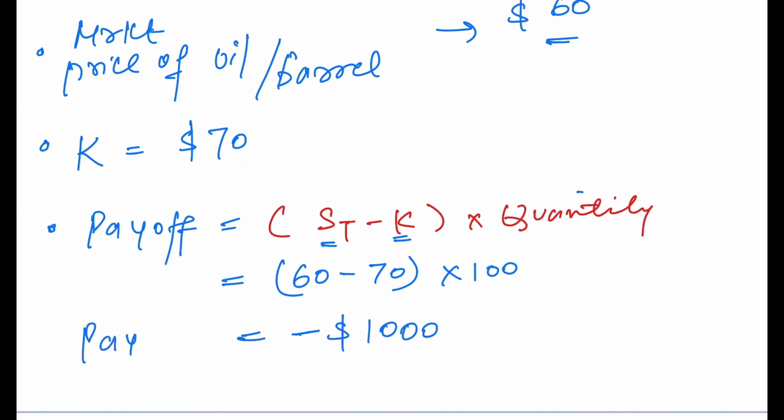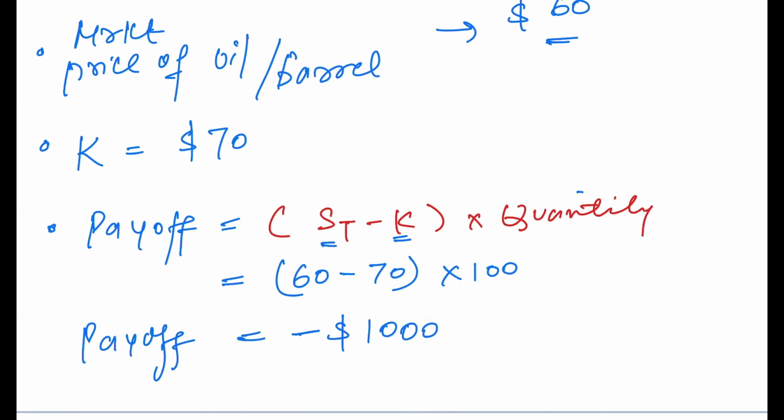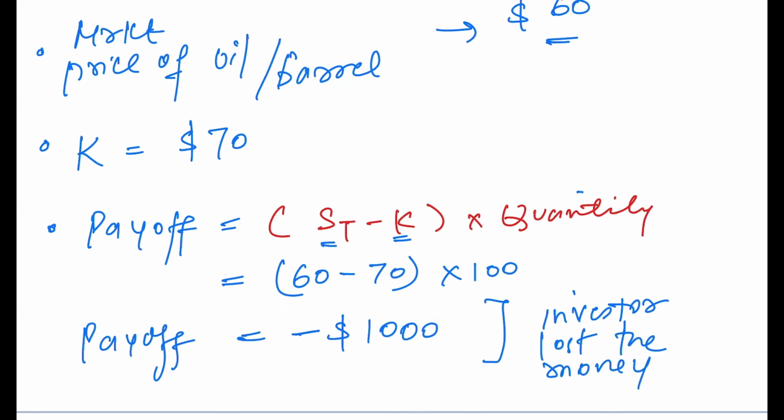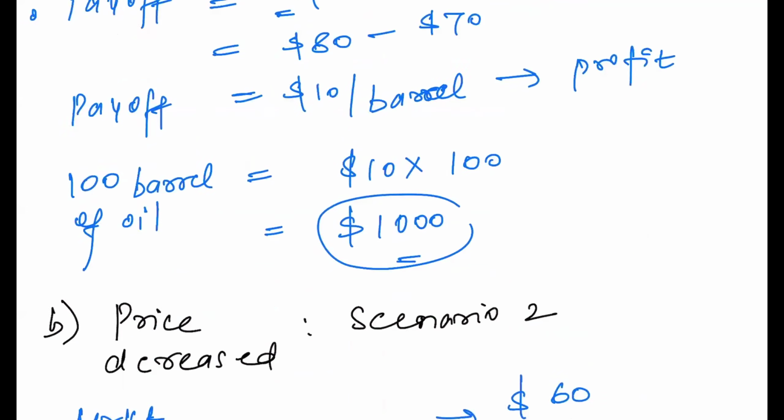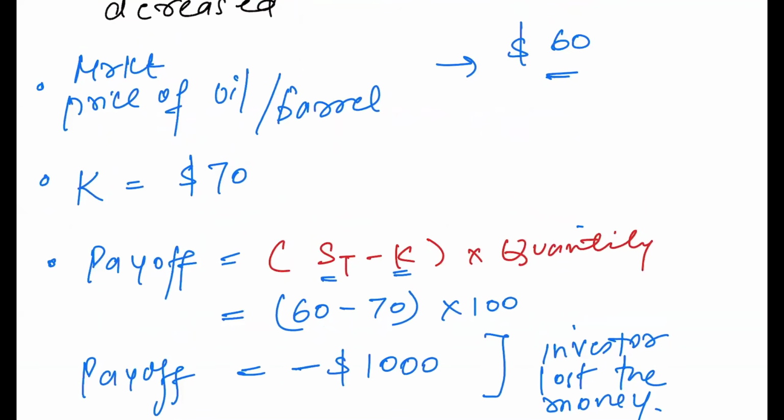So basically, from this we understand that the investor lost money by entering into the forward contract. As I said, the investor can either make money or lose money. These are the only two scenarios, right?